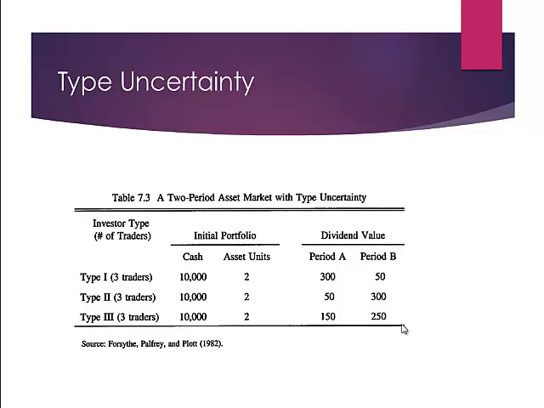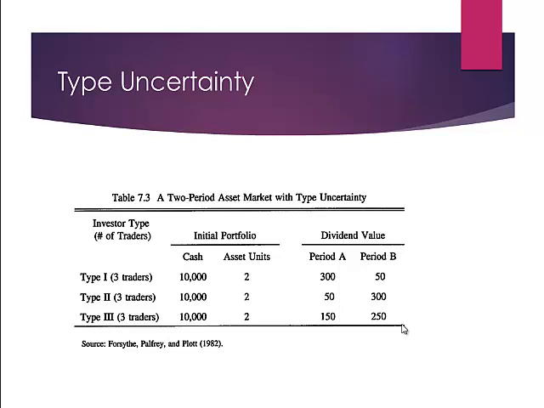The stocks are identical for all of the traders. So there are 3 times 2, 6 stocks in each type, but they can sell to each other, and the value of the stock will not be determined by the label of the stock, but by the type of the trader who holds it.